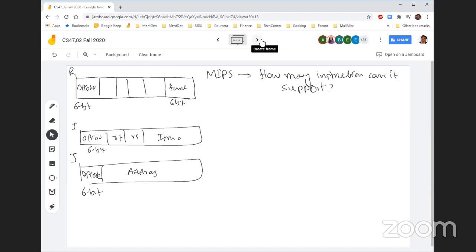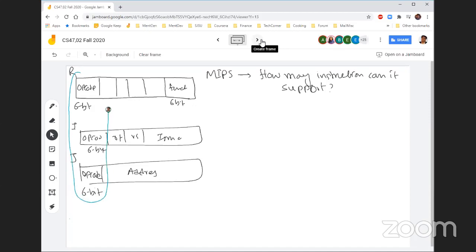Right? So let's look at this problem this way. We have 6 bits in the opcode field. For all these instructions, there is a 6 bit opcode.